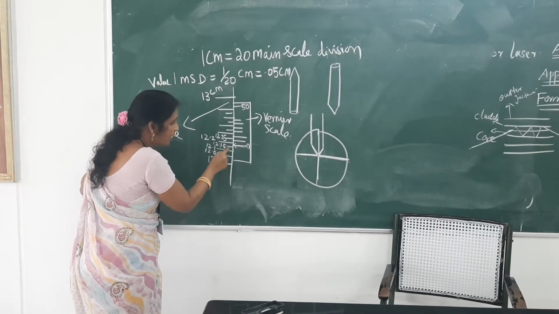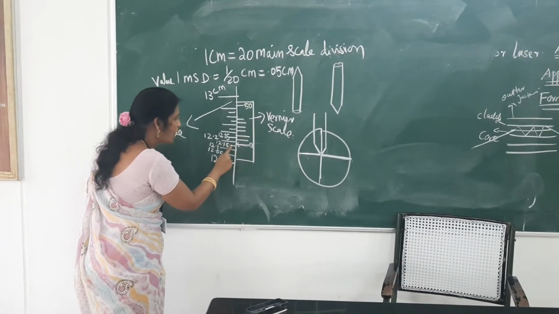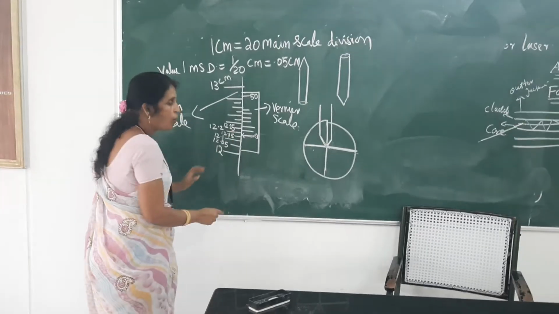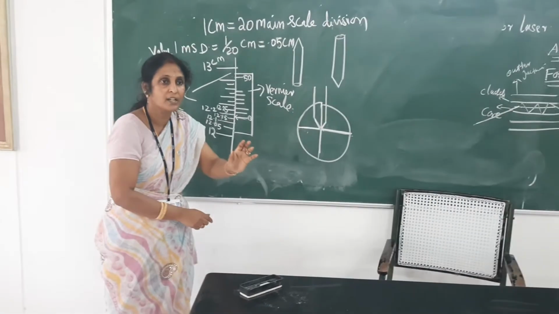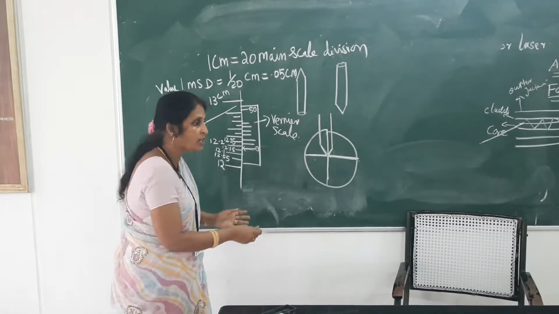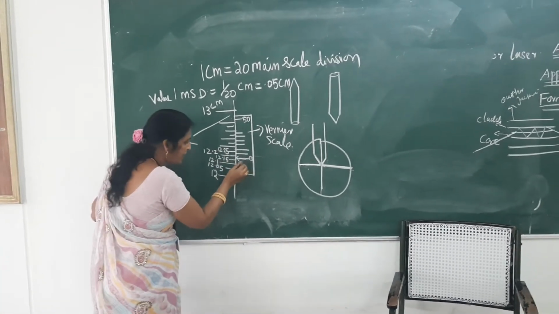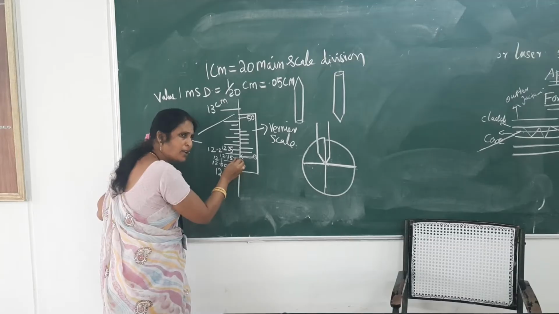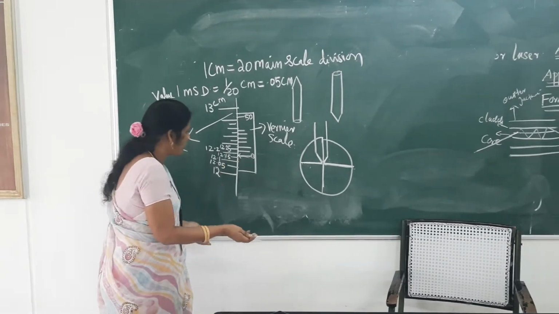Now in this diagram it is lying between 12.15 and 12.2. Which reading you have to take means which is the lowest value. Suppose 0 of the Vernier scale is coinciding exactly with 12.15, you can take it as 12.15.